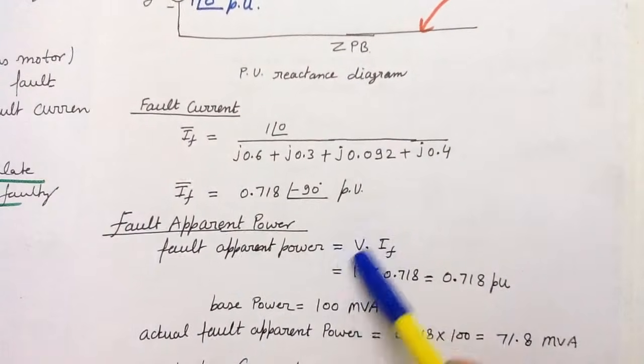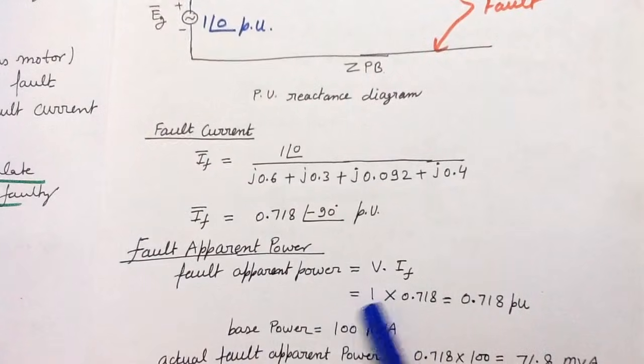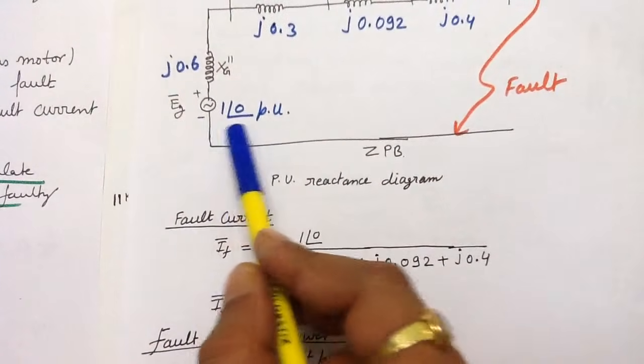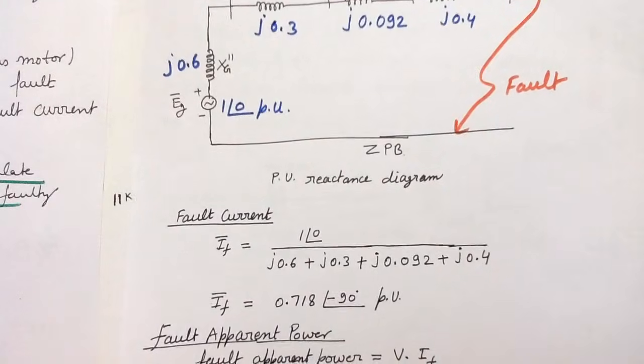You can see here the pre-fault voltage at the faulty bus is taken as 1 per unit, and the internal voltage of the generator I have considered 1 per unit.